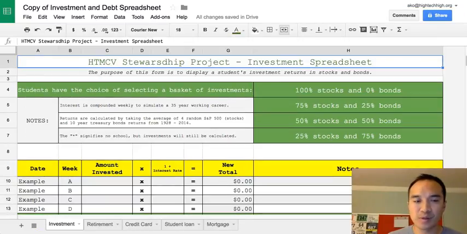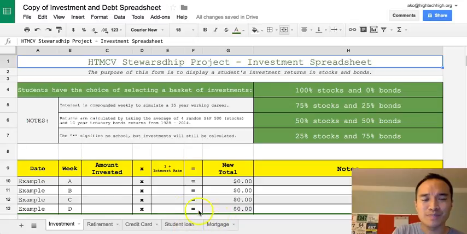All right, so this is our investment and debt spreadsheet. And just to give you a little tour of what this is, it looks kind of intimidating. There's a lot of colors and numbers and everything. Right here, there are 5 actually spreadsheets within this spreadsheet. And they're labeled as investment and retirement. And these first 2 are going to be investments.